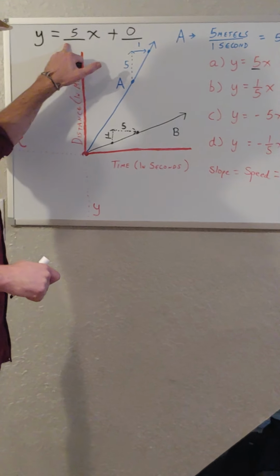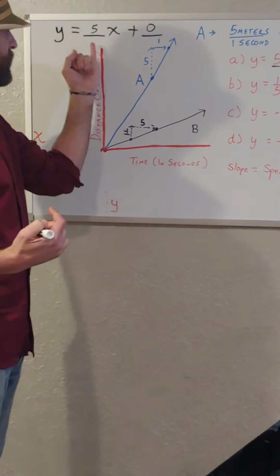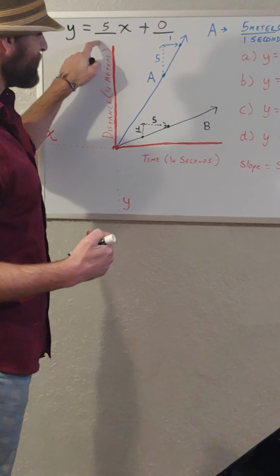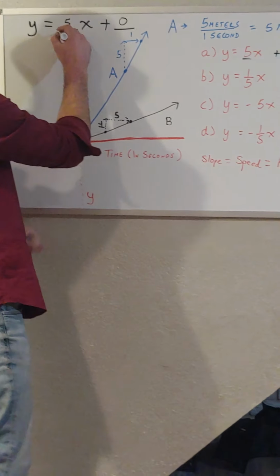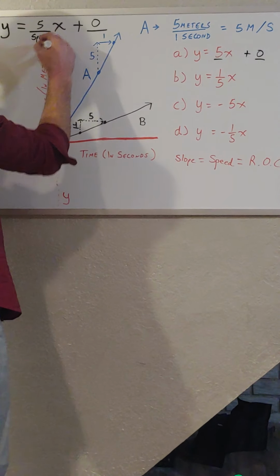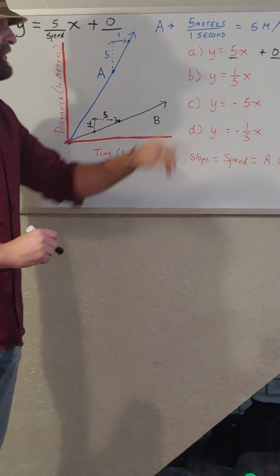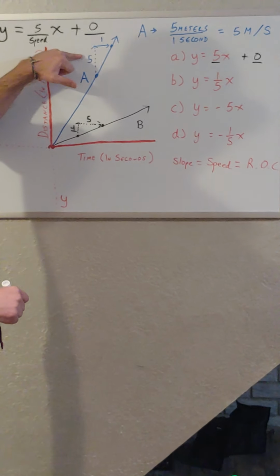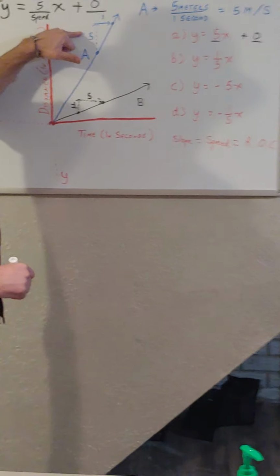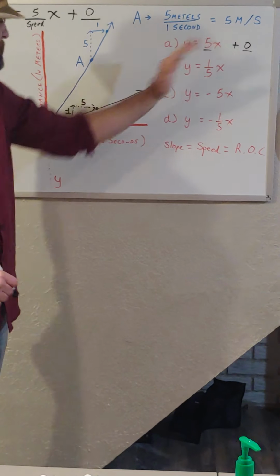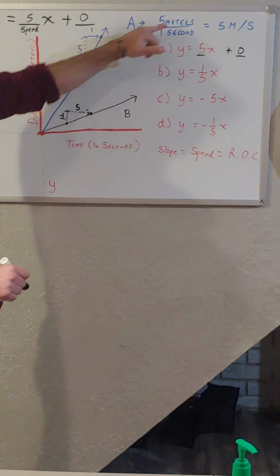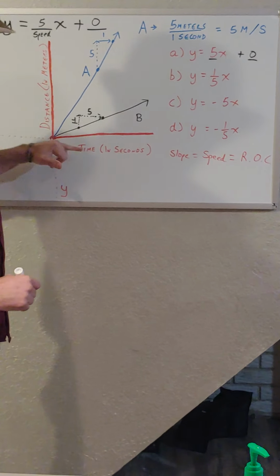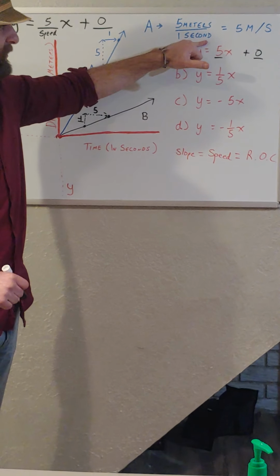And because we said, again, this one is your slope, that one's your y-intercept, then slope means the same thing as speed. So that means the speed of this right here would be 5 meters per second. The up and down label also goes on top. The left and right label also goes on the bottom.